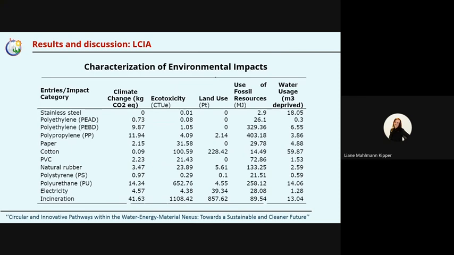The study identifies substantial environmental impacts in freshwater toxicity, fossil resource use, land use, water use, and climate change, and the characterization identifies specific materials and processes as the main drivers of this impact. For example, polyvinyl chloride material, stainless steel, and low density polyethylene.